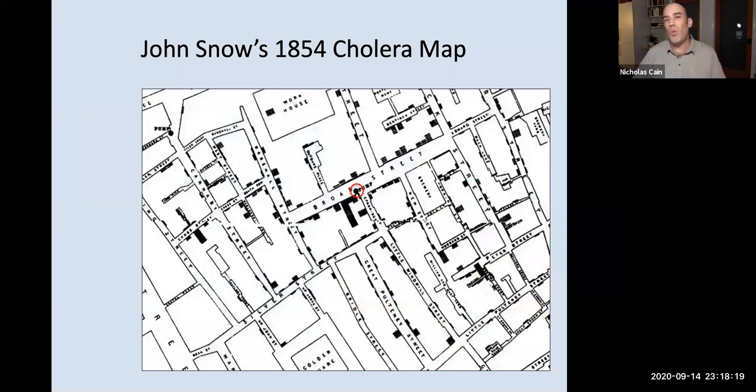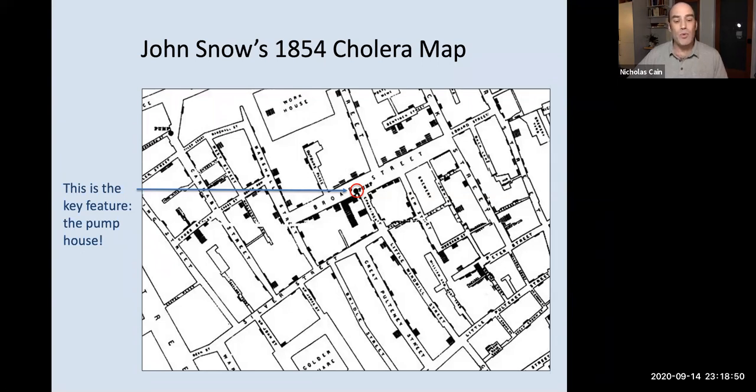Let me jump way back to the beginning of modern mapping, or mapping for analysis, with John Snow's 1854 cholera map. This map shows an area of London with deaths from cholera represented by black bars coming off each street. What I've circled there is a pump house where water was pumped from.